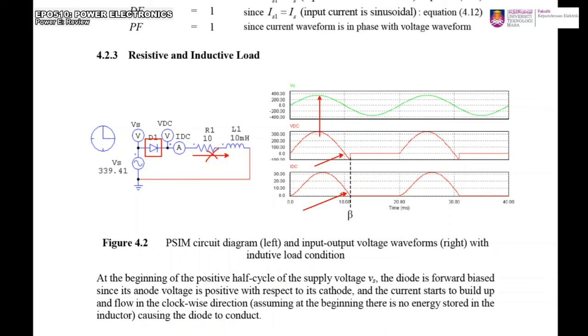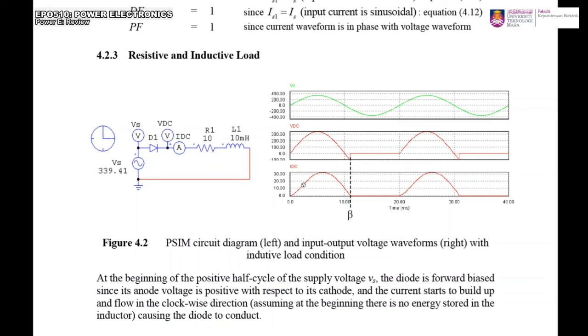That's why, if you look at this waveform, the voltage still copies the negative area here until the current equals 0 at the extinction angle. When the current is 0, the diode turns off, becomes an open circuit, and therefore the voltage equals 0 again. So that is your waveform.